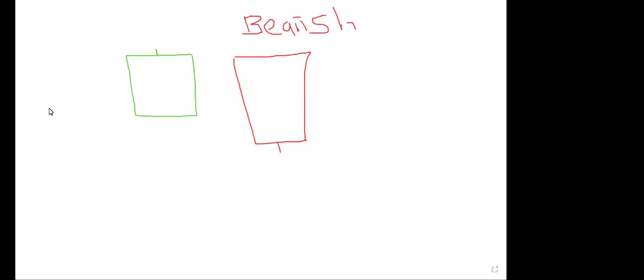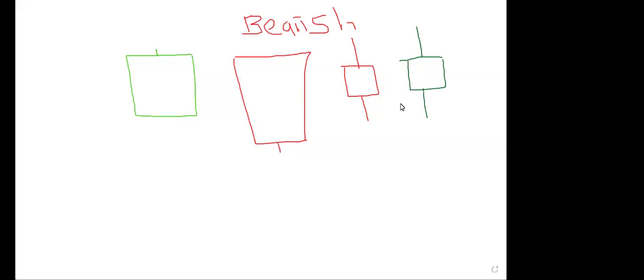Now, the third one is an indecision candle. It can be a red one or a green one. So you have a wick at the top and a wick at the bottom, or it can be a green candle with a wick at the top and a wick at the bottom.